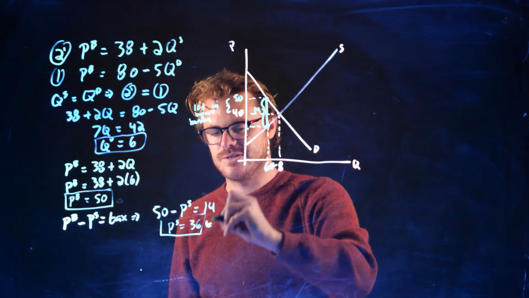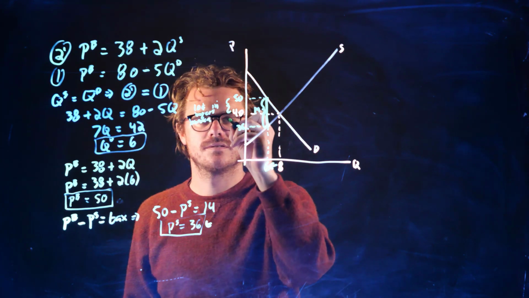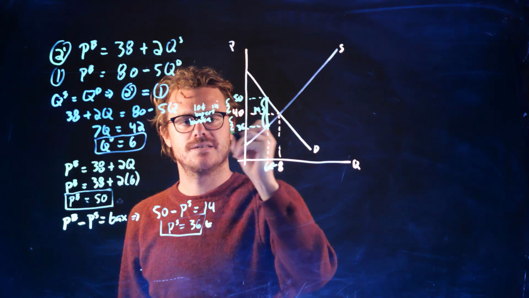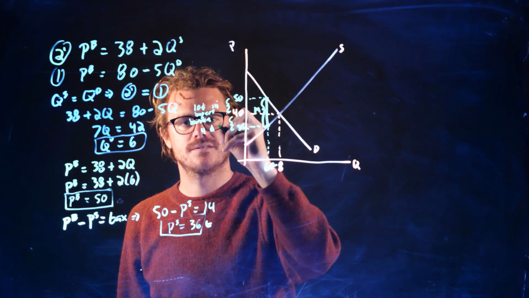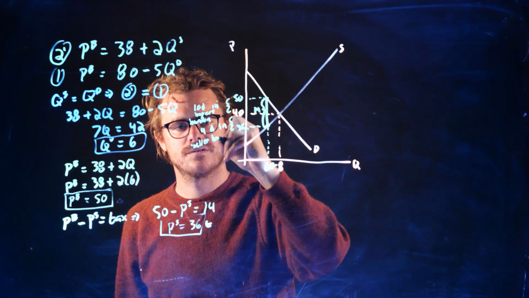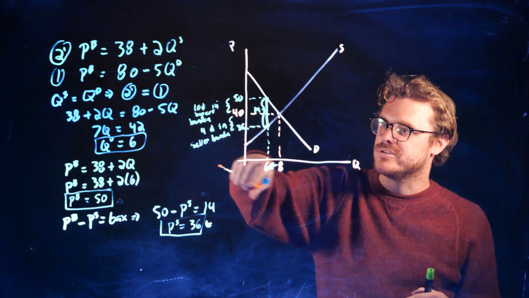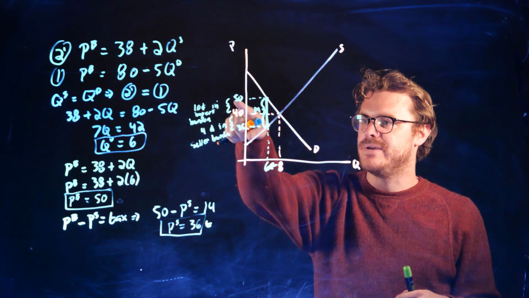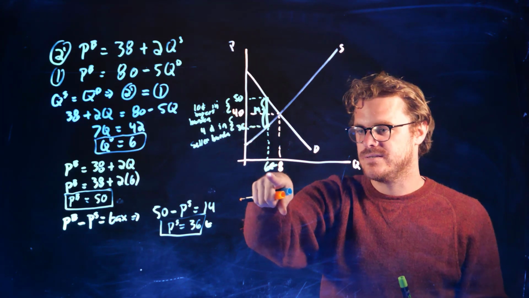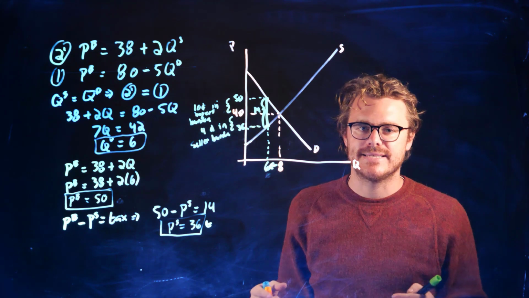We just figured out that was 36. This is 4 cents in seller's burden. And we've algebraically solved for all the elements, PB, PS, and the new quantity. So that's how the algebra of excise taxes works.